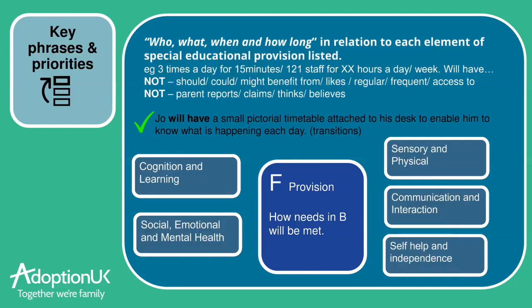And they need to say who, what, when, and how long in relation to each element that is listed in section B. Each of those needs to have this is what we're going to do to meet our child's needs. They need to be very specific. This is where many EHCPs fall down.